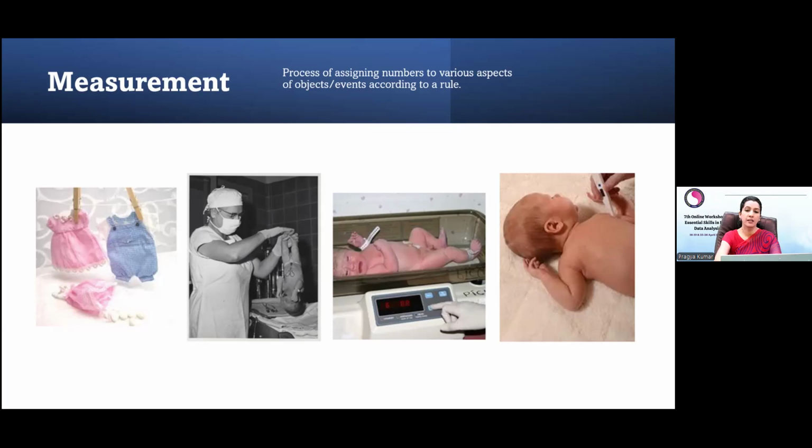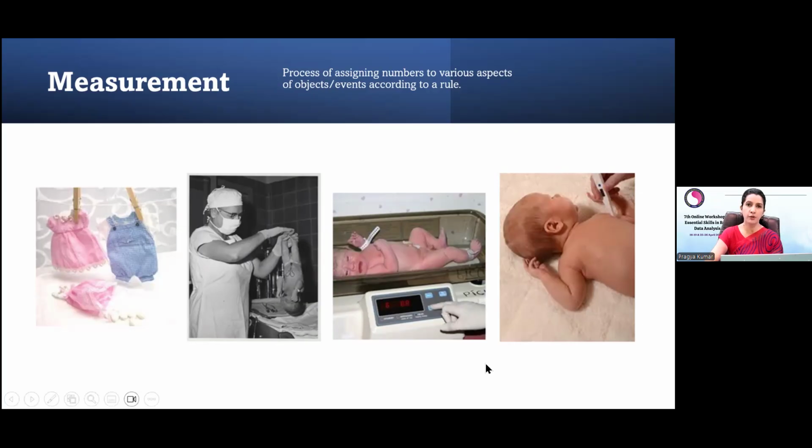And for the purpose of analysis, we assign numbers to the various objects or events according to a rule. I think Dr. Lokesh or some person has asked whether it is mandatory that we should give numbers to all these variables. Generally we should give numbers to all these variables, because then it makes the task of analysis easy. This is measurement.